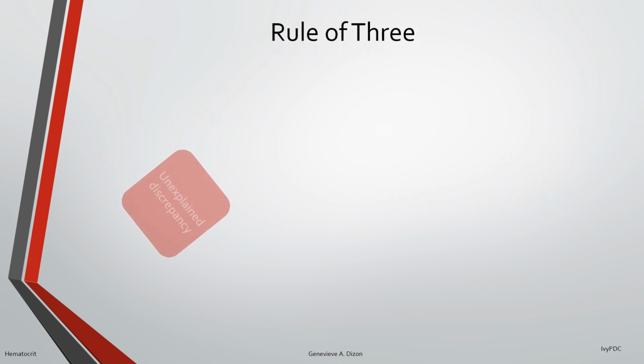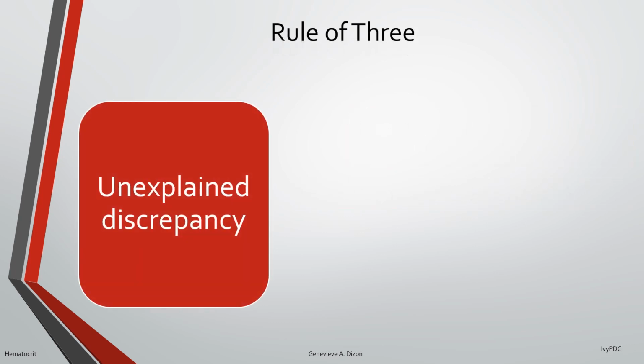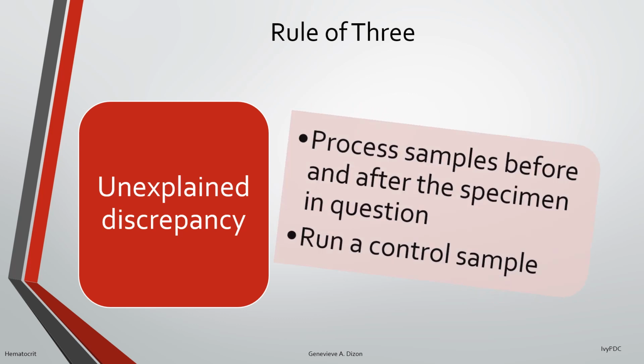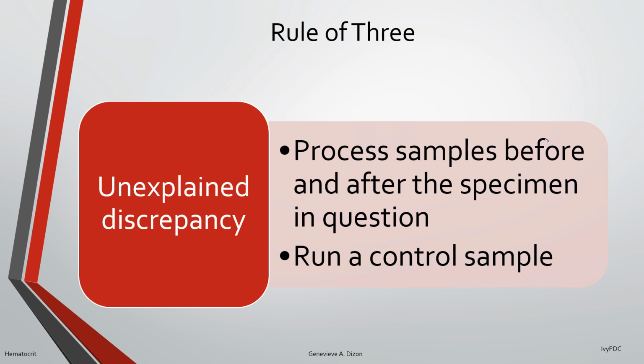But what if there are unexplained discrepancies even after investigation? What else can you do? Well, you can run the samples before and after the specimen in question. Now, if these samples do not conform with the rule of 3, then there should be further investigations so that the problem can be found.